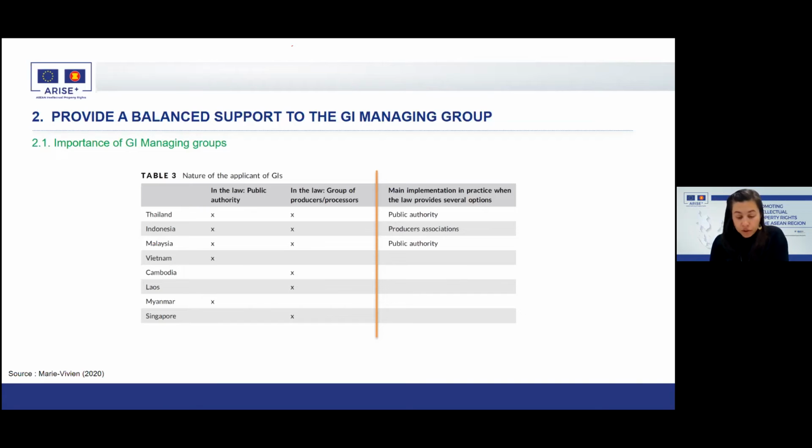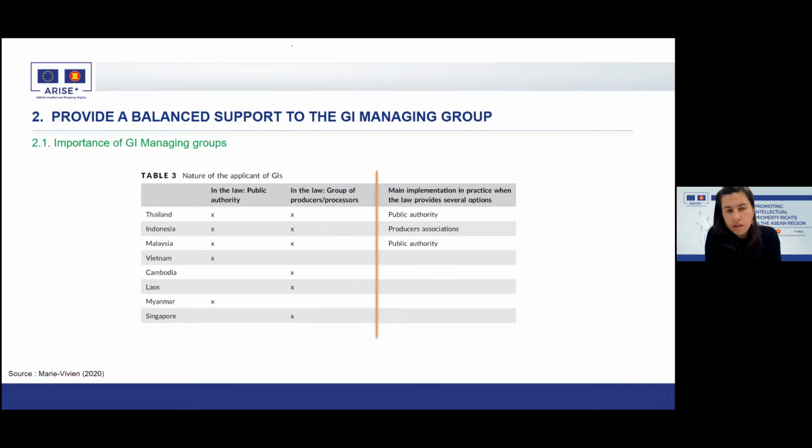In the European Union, the applicants are always a group of producers. They are involved in the elaboration of the application, and they are sending the application for the registration. So we can see in ASEAN it's a bit different.